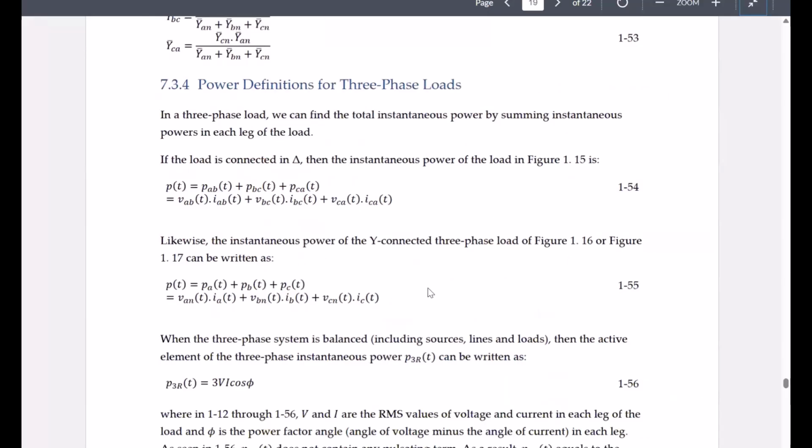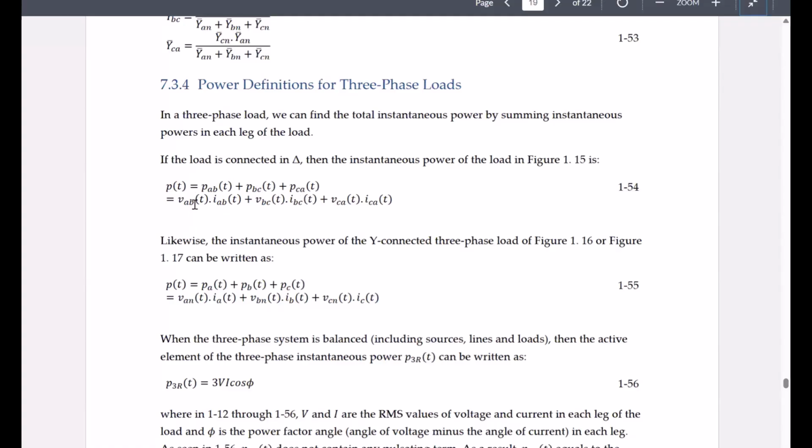And then we can extend the same power definitions that we did for the single-phase system to the three-phase system. If you're talking about a delta-connected component, then the instantaneous power would be the sum of the individual instantaneous powers in every side of that delta-connected component, which means PAB plus PBC plus PCA.